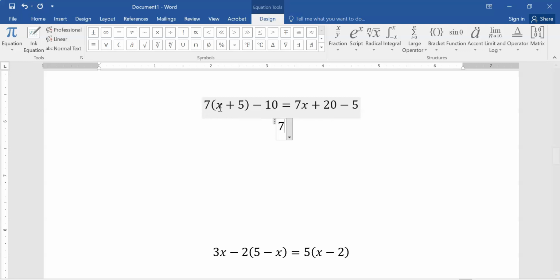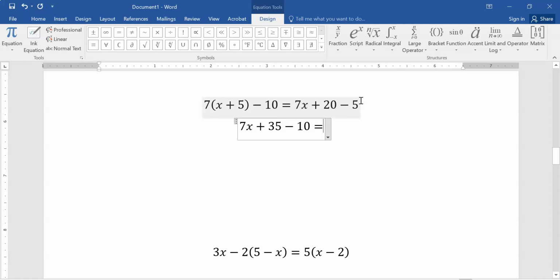So we'd end up with 7x plus 35. And that 7 would distribute inside the parentheses, but it would not be applied to the minus 10 out here because the minus 10 is outside the parentheses. So we get 7x plus 35 minus 10 on the left-hand side.